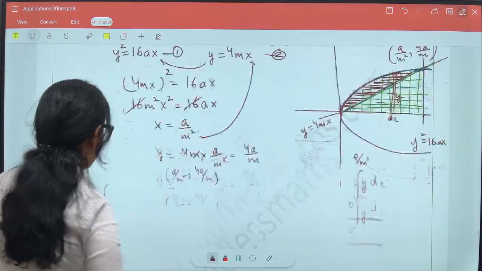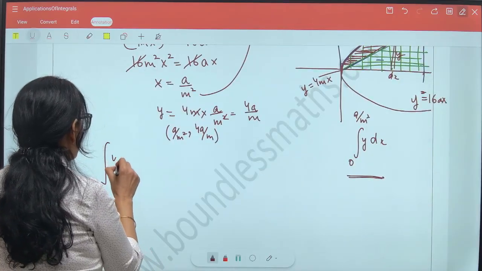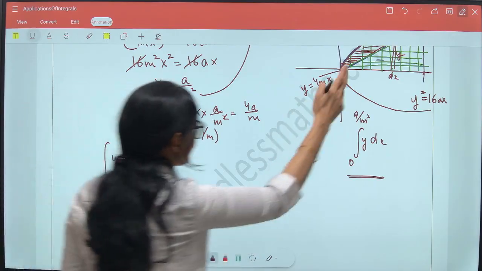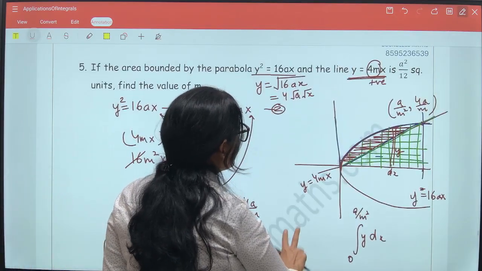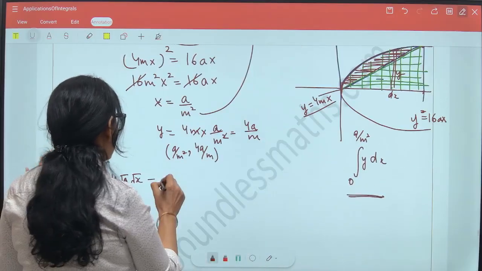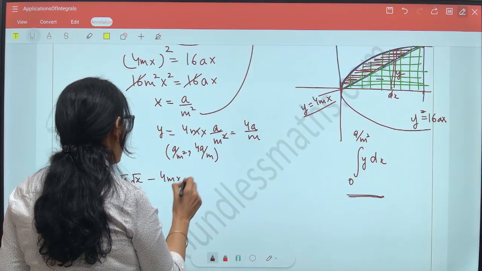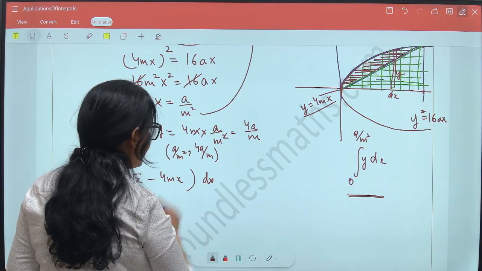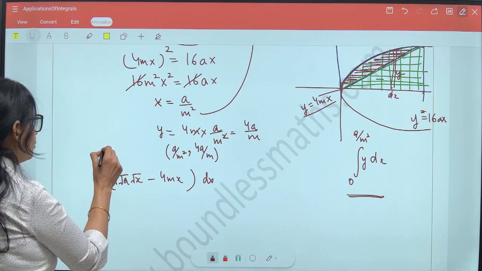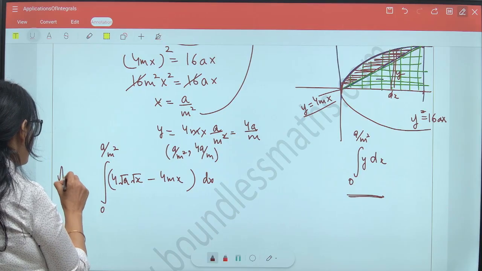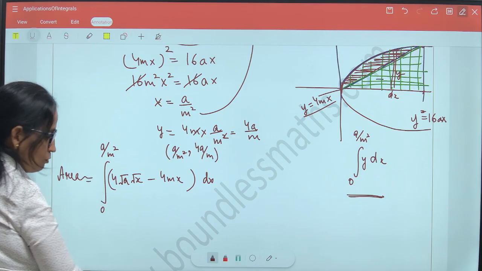So let's write the y for the parabola, that is 4 square root a square root x minus, from the equation of the line again you need to take away y is equal to 4mx. So I'll just write 4mx, and you need to integrate this entire expression with respect to x using the limits 0 to a by m square. So this is the required area that you need to find out.